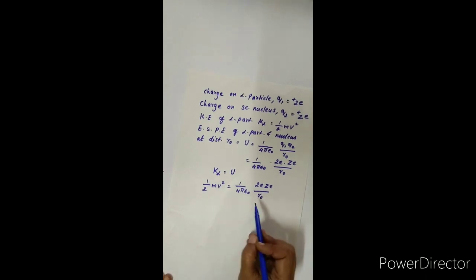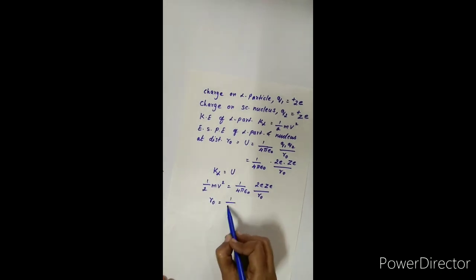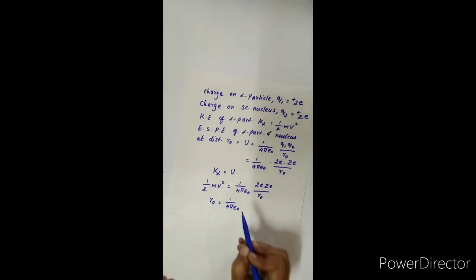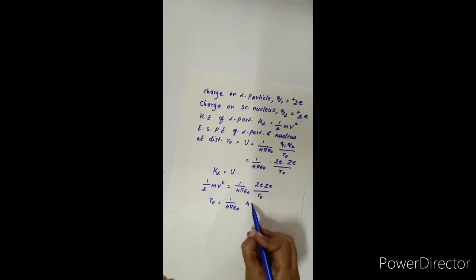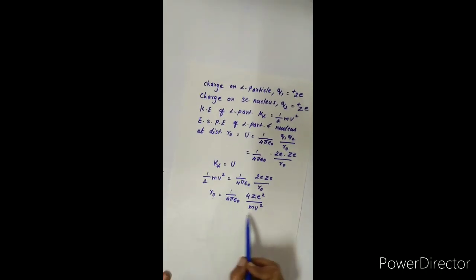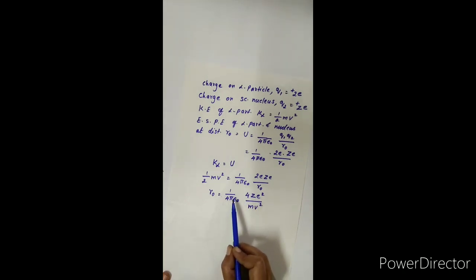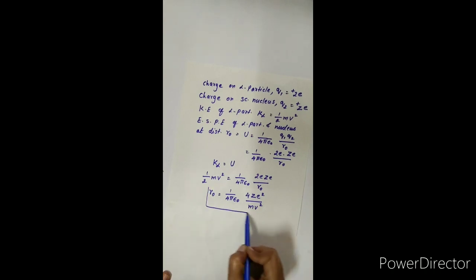From this we can write R0 equal to 1 by 4 pi epsilon 0, then 2 comes to the numerator, so we can write 4 Ze squared divided by mv squared. This is the equation for the distance of closest approach: R0 equal to 1 by 4 pi epsilon 0 times 4 Ze squared divided by mv squared.